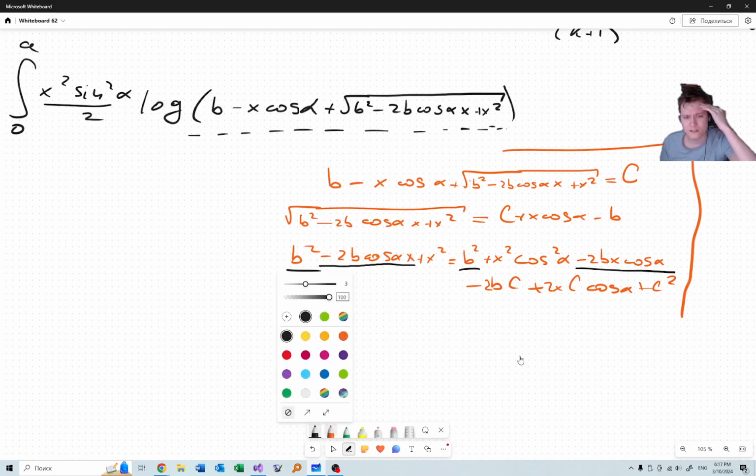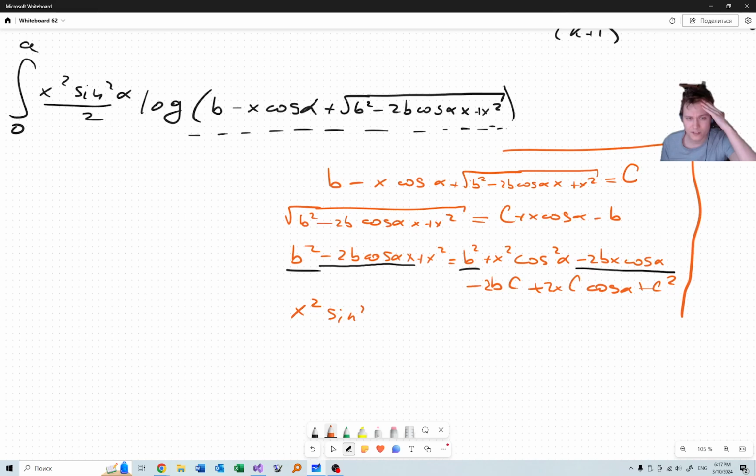Okay, this is fine. Let's move everything to the left side, and we get x squared sine squared alpha plus... we can calculate x.